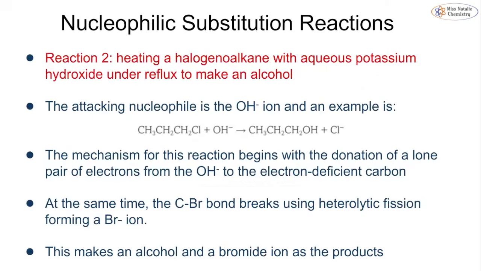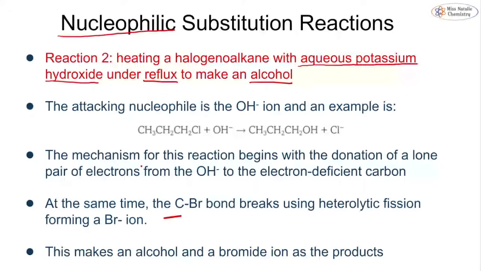So we're going to jump straight to reaction number 2, and this is known as a nucleophilic substitution reaction. And this just means that we're getting a substitution of an atom or a group of atoms, and it undergoes via a nucleophile. Okay, so reaction number 2 is to heat the halogenoalkane with aqueous potassium hydroxide under reflux, and this is another way that we can make an alcohol.